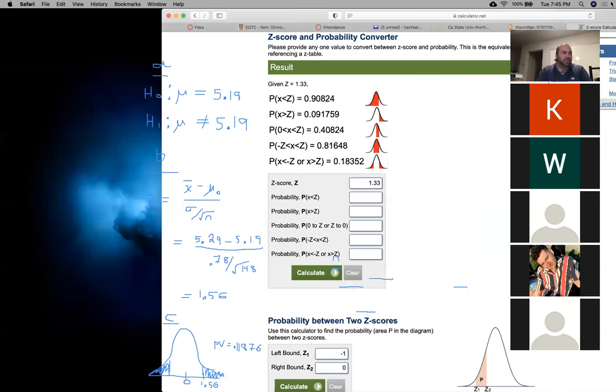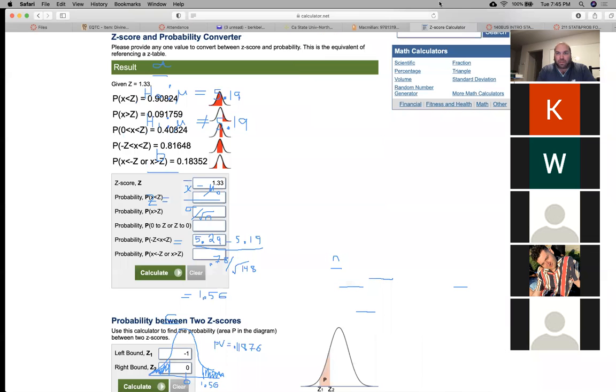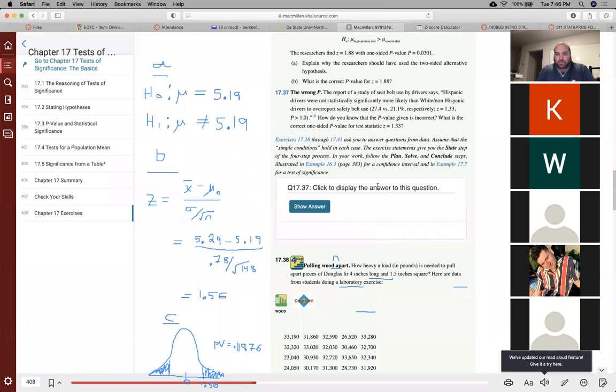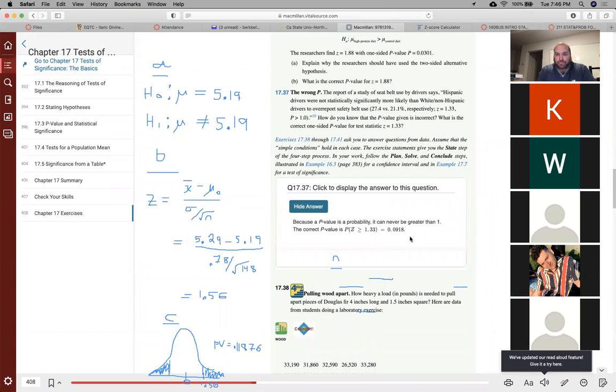So what's the p-value? 0.09. 0.0918. Make sense? Yes, no, maybe so.